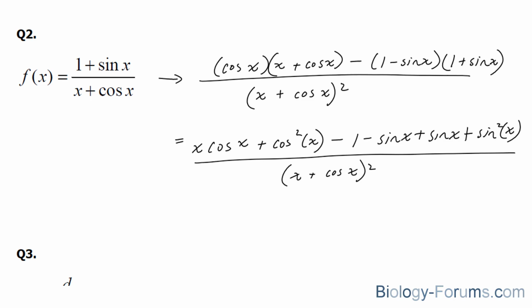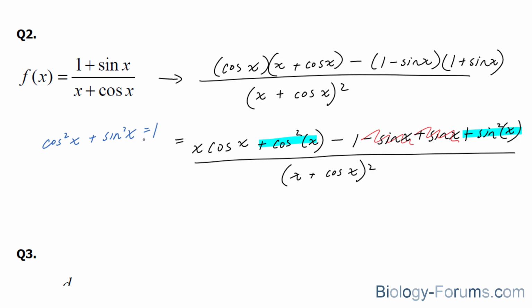Now, let's see if we can cancel anything out. You'll notice that this term and this term can be canceled out. Also, you'll notice that this and this is a trigonometric identity. Remember, cosine squared x plus sine squared x is equal to 1.